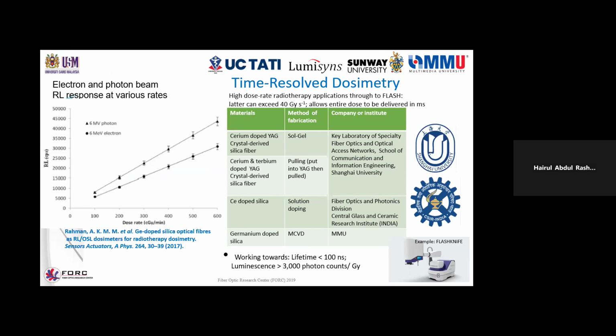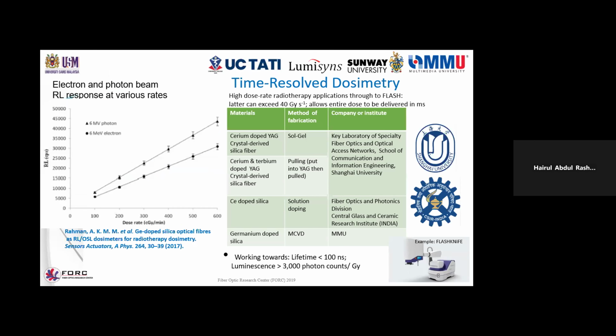These were some of our earlier results, used in the 6 MV, 6 MeV linac. It produced very good linearity with dose rate. And we've moved on to time-resolved dosimetry, where we wanted to be able to zoom into individual pulses.